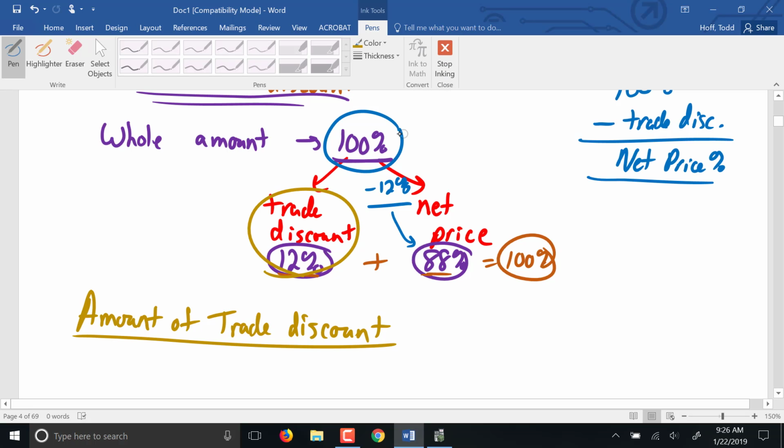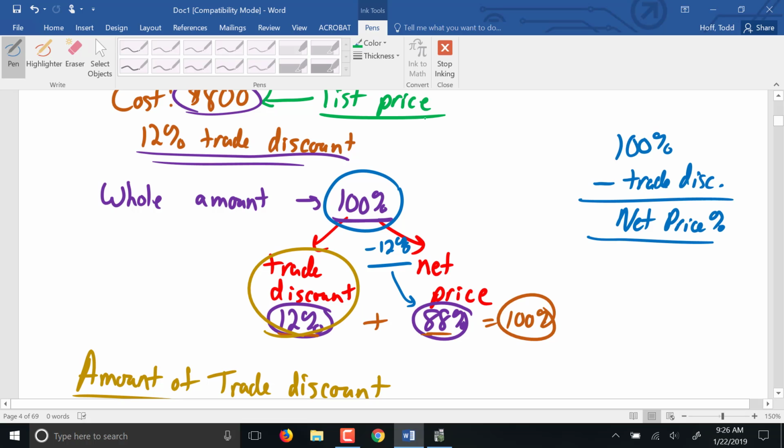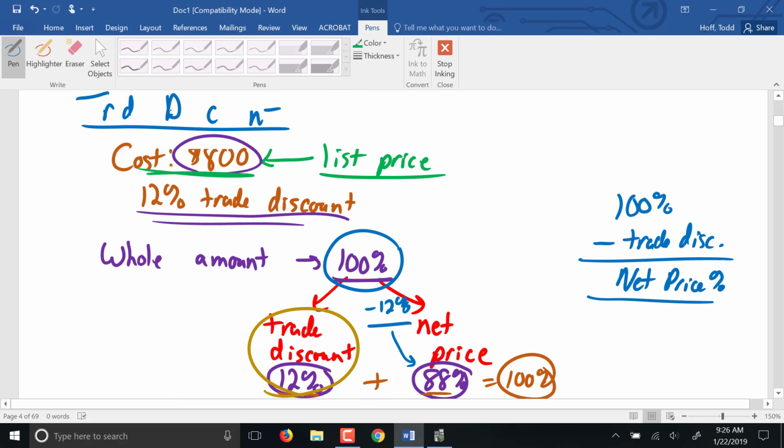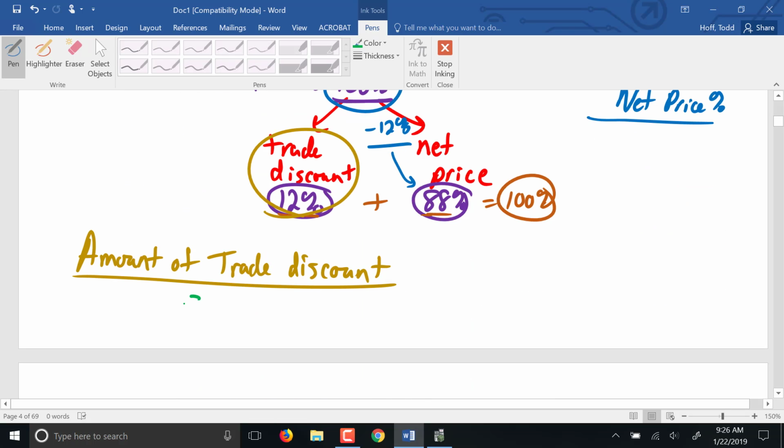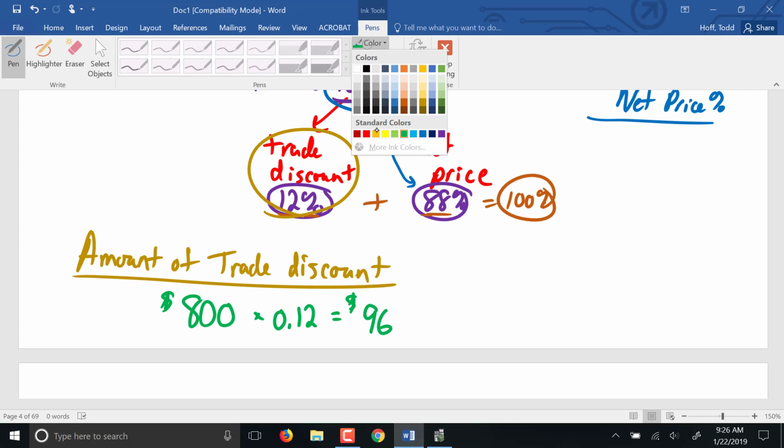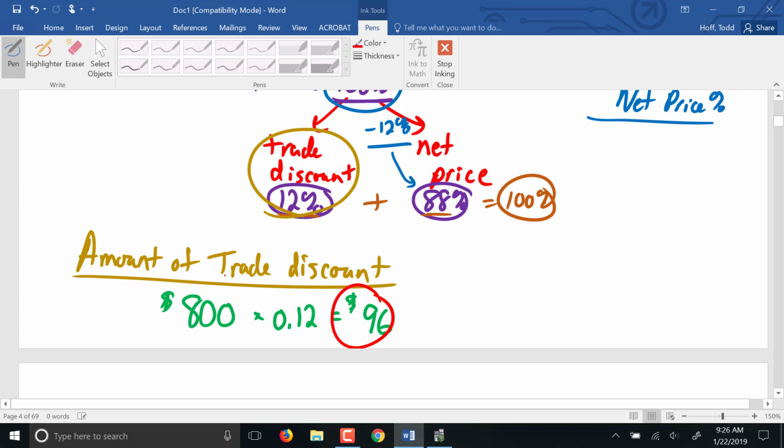So I take that list price, remember that list price was $800, and I multiply by the 12%. Now we're going to make that into a rate. Remember, a rate is the decimal form of a percent. So 12% becomes 0.12. It's going to be $96. That is the dollar amount of the trade discount.